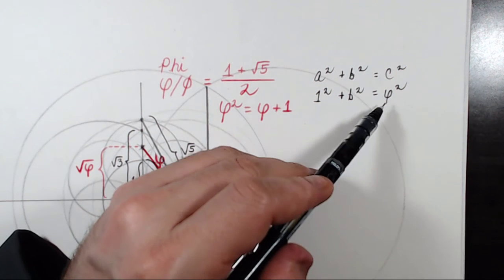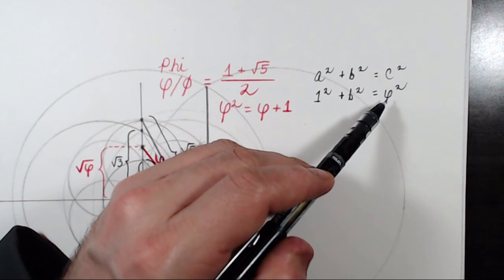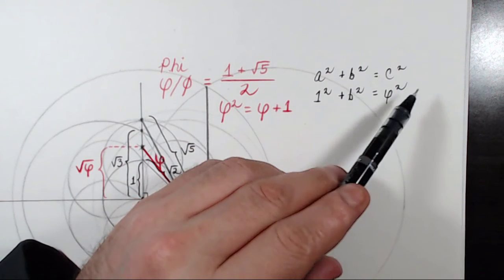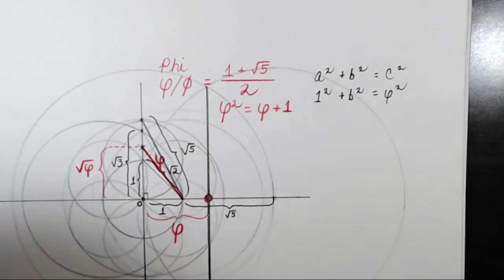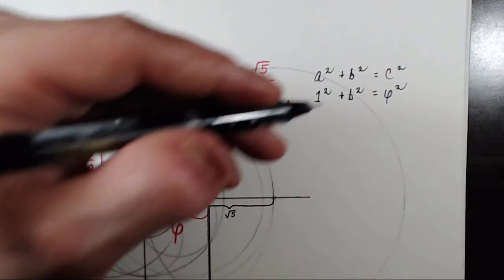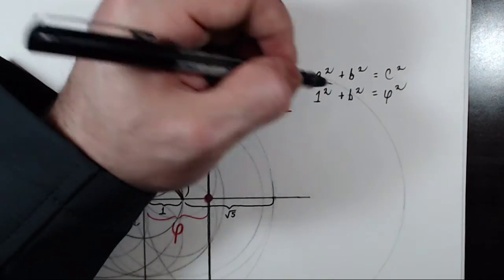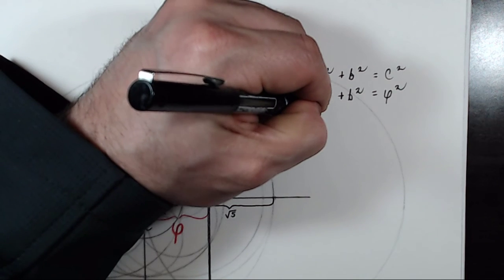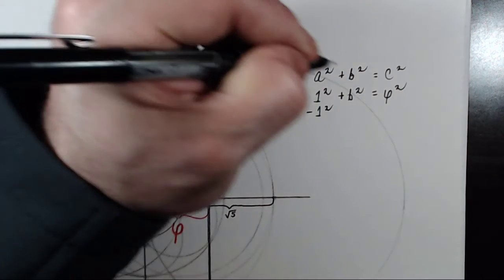Okay, this is where I was saying be careful. This is not y squared, it's phi squared. That's a number squared. Remember, phi squared is equal to phi plus 1. So what I want to do is get b squared by itself. So I'll subtract out 1 squared from both sides.